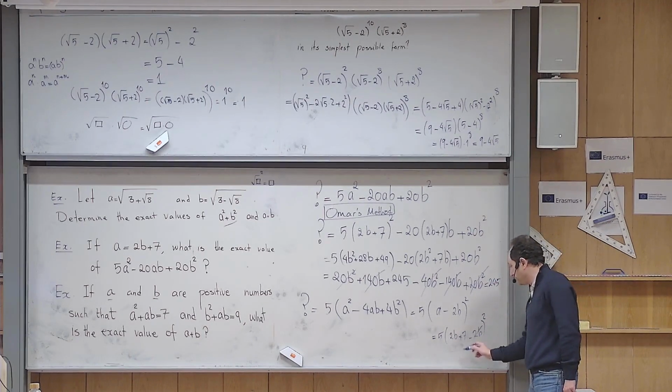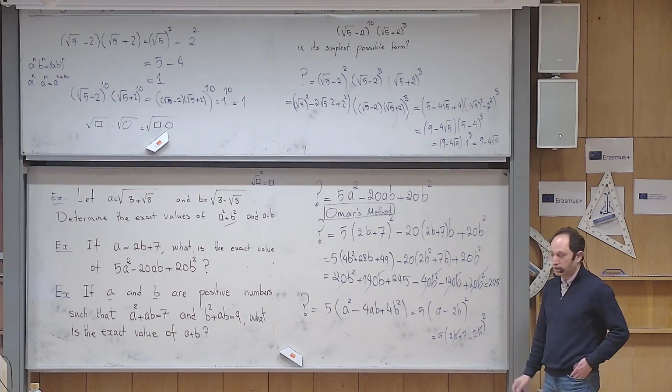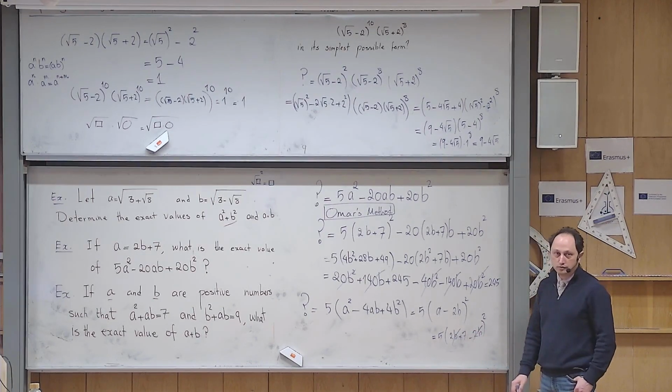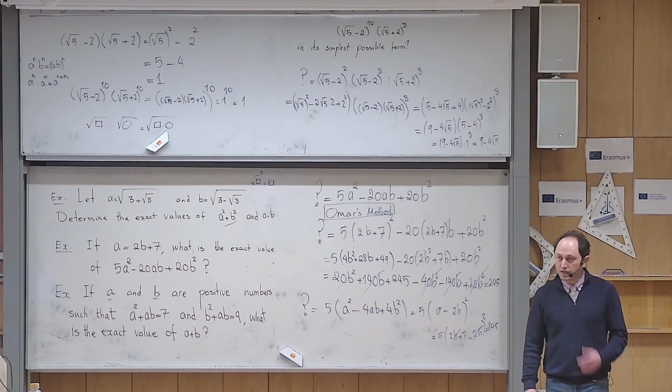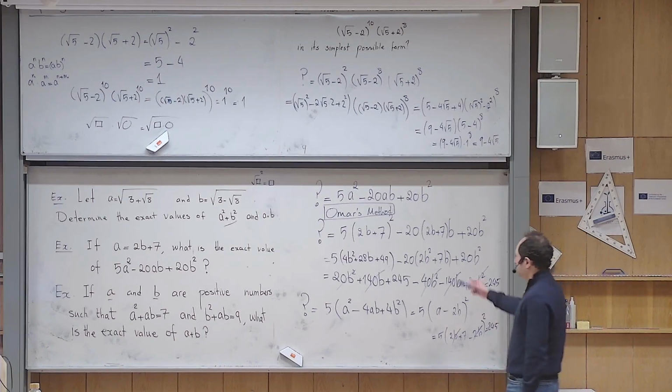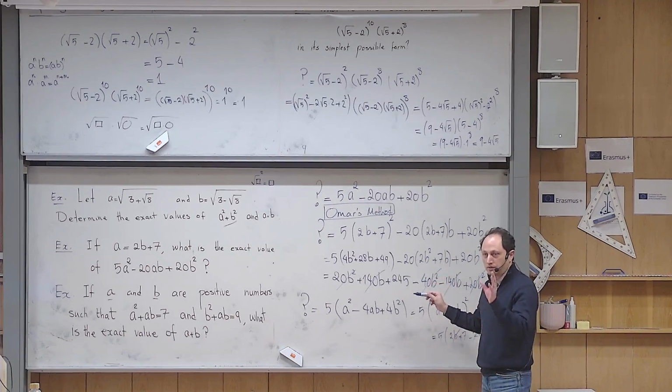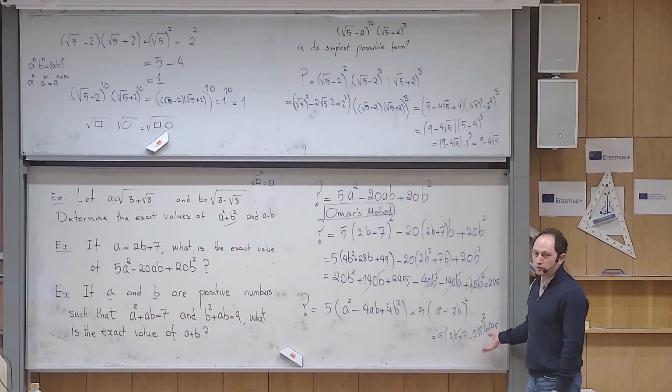Now this 2b and that 2b are gone. This becomes 7 to the power 2, 49, times that 5 is 245. So again, your idea was right. This is the hard way to implement your idea. This is the faster way to implement the same idea.